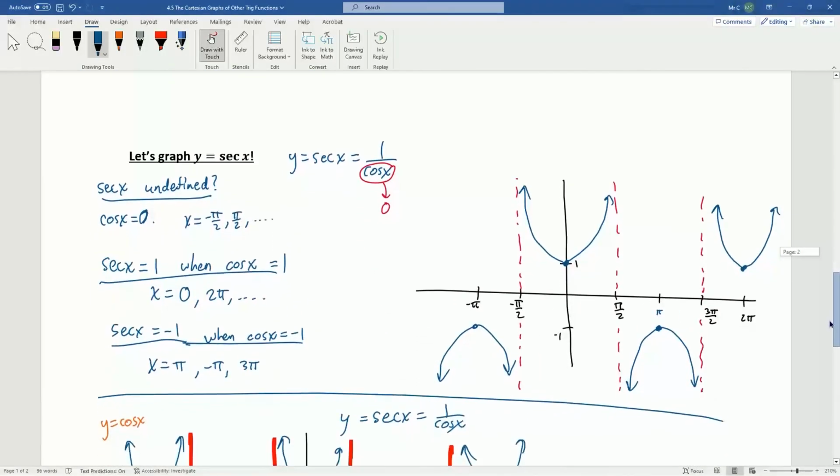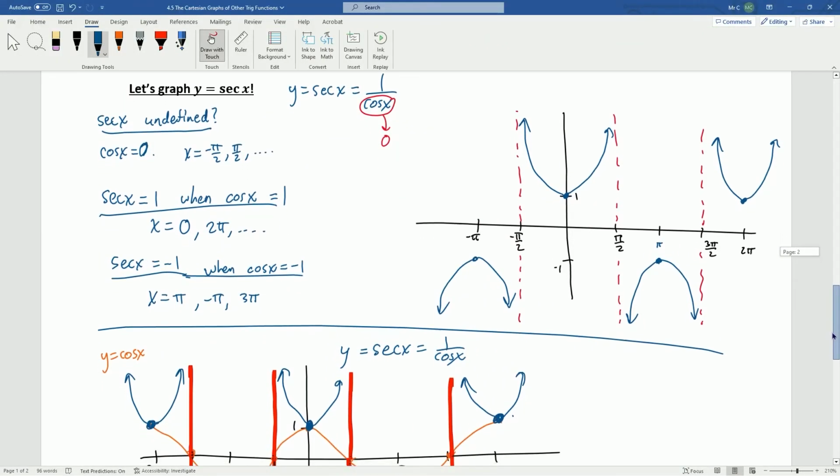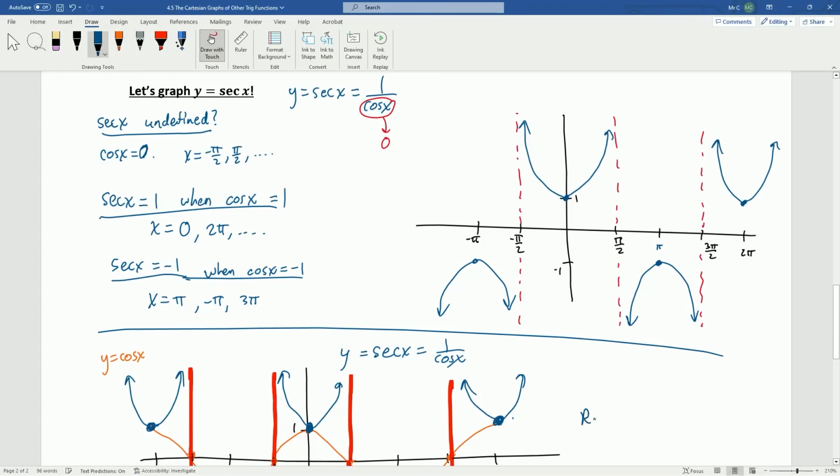And when we look at secant, we see something similar. The range is a little bit different. The range actually does not include anything between -1 and 1. So the range is negative infinity to -1 inclusive, union with 1 to infinity.